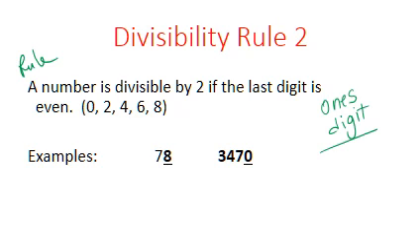And you know that the even digits are 0, 2, 4, 6, and 8. So you look at the number and check the ones digit. If it's an even number, then the number is divisible by 2. Another example is 3470. I don't care about the other numbers. I only care about the ones digit. If it is even, then the number is divisible by 2.